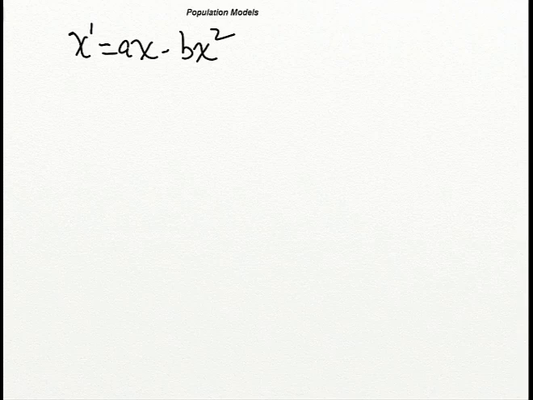Continuing with our logistic model, let's draw the phase line. This time there will be two critical points at 0 and at a over b, and in between, to the left the curves are increasing, and to the right the curves are decreasing. So 0 is unstable, and a over b will actually be an asymptotically stable critical point.